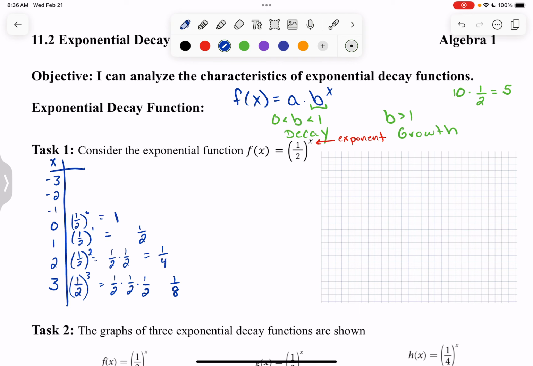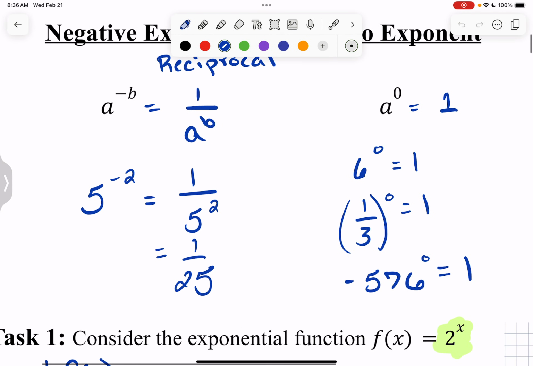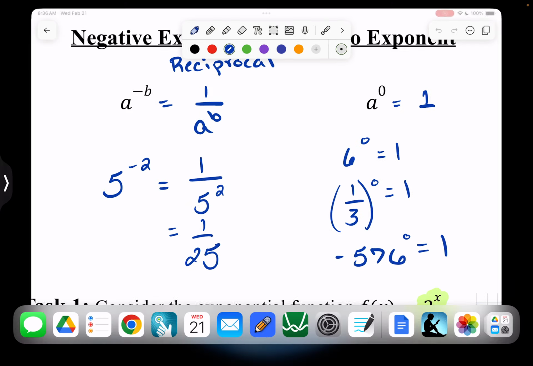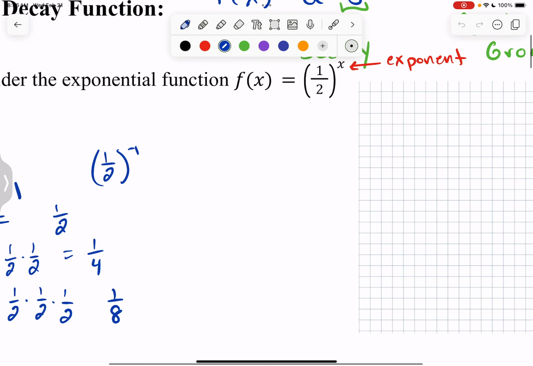-1. Okay, so here's where we get a little more confusing. I have 1/2 to the -1. Okay, if we remember from our last section, a negative exponent takes the reciprocal. So it gives me 1 over b to the 2nd. So it takes the reciprocal. Well, if I already have a fraction, like in this case, 1/2, this negative exponent, let's rewrite that better.